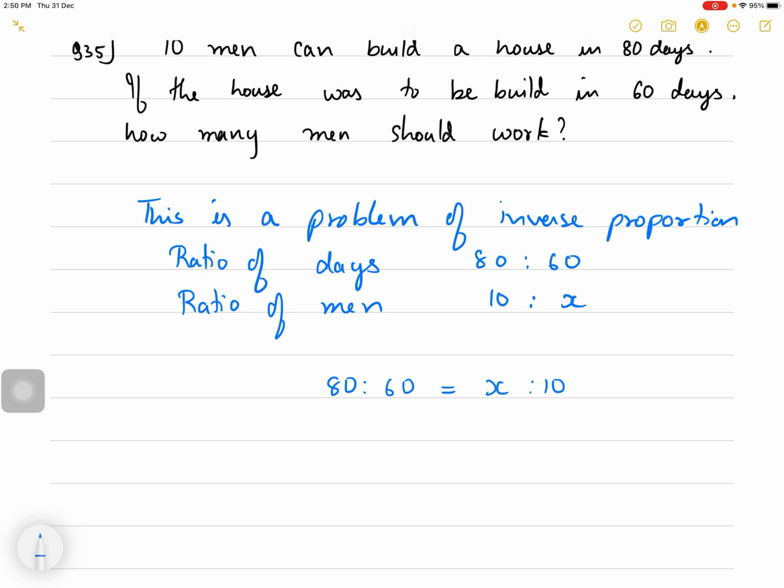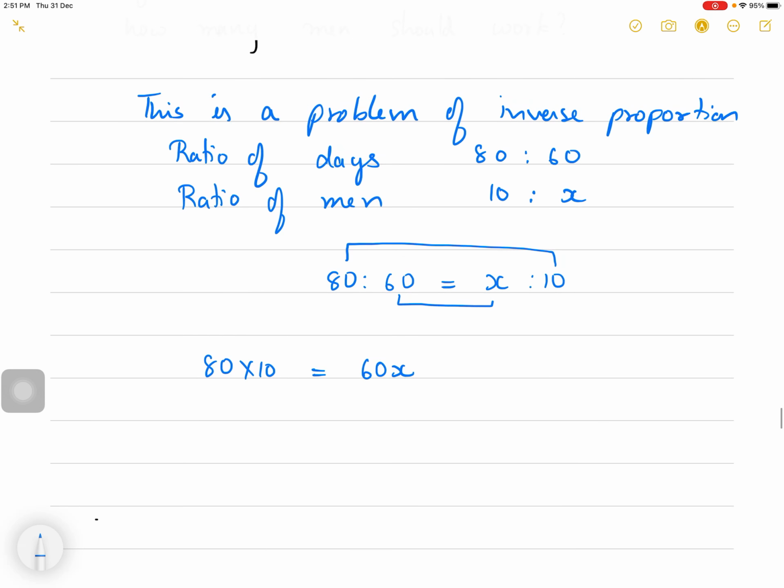So multiply the extremes. The product of extremes will be equal to the product of means, right? So 80 into 10 is equal to 60x. So x is equal to 800 divided by 60.